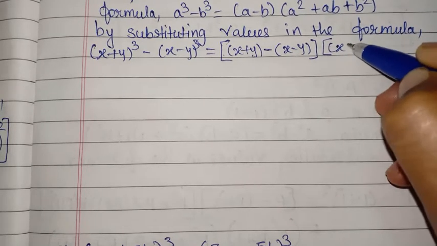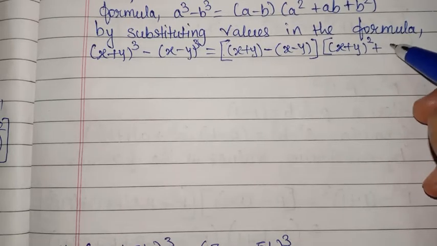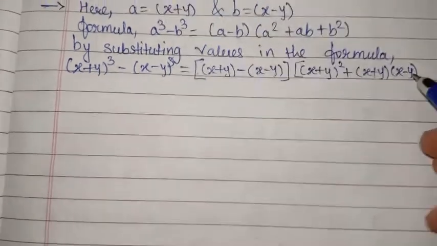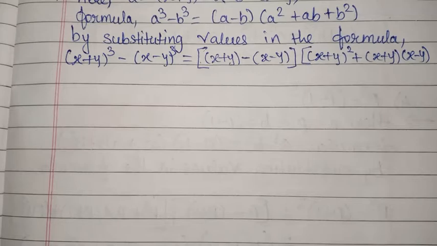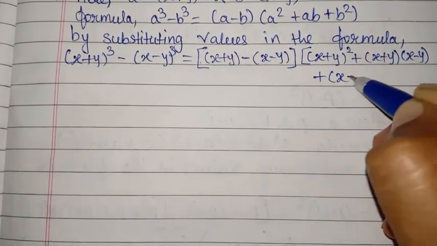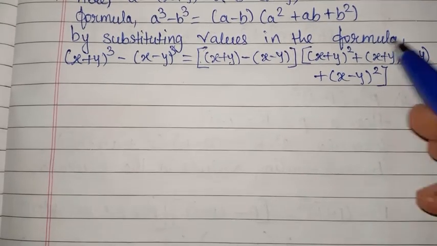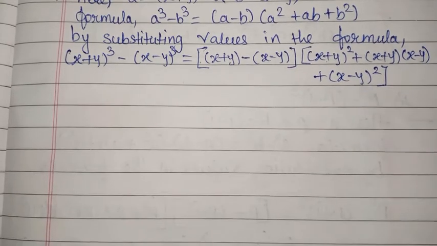A square is what? (x plus y) bracket square plus a into b, (x plus y) into (x minus y), plus b square is (x minus y) bracket square. So this is a square plus ab plus b square.